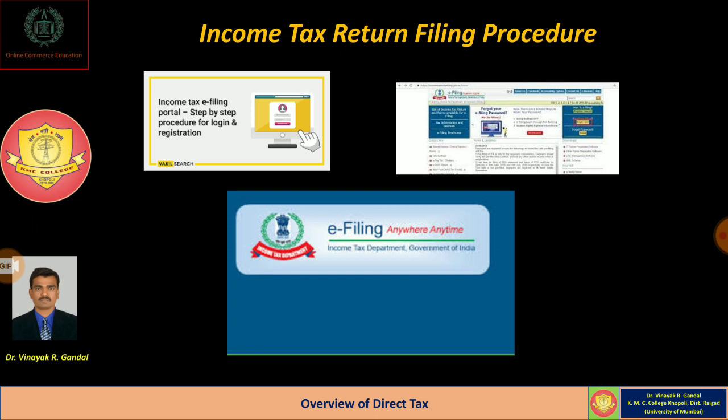So we have to understand the detailed procedure of getting the refund amount from the income tax department. Also, we will study the entire procedure of income tax return filing, that is called the online procedure, by using the PAN number. So these are the various points which we are going to understand during the entire course of direct tax.